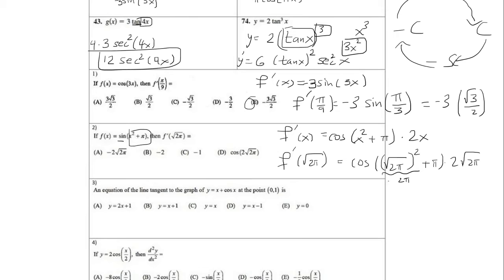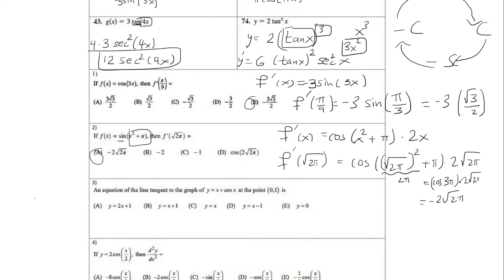So that would be cosine 3 pi times 2 root 2 pi. Cosine 3 pi is negative 1. So this will be negative 2 root 2 pi. And the answer is A.